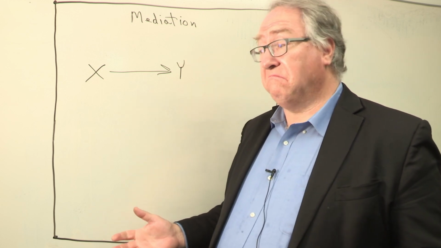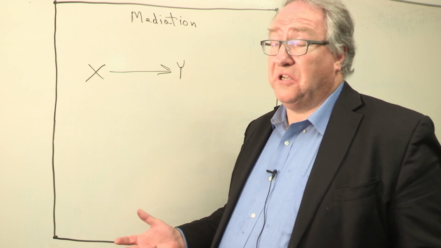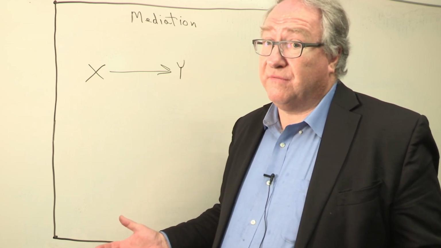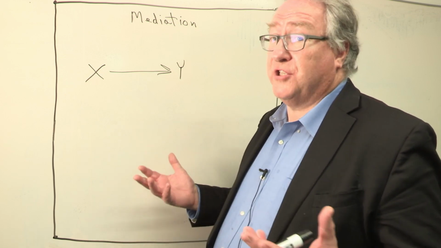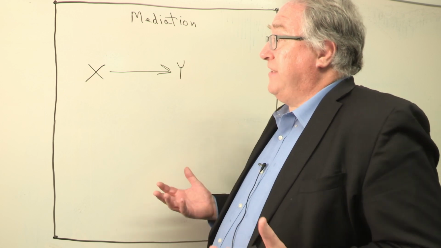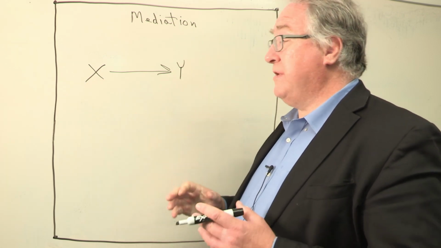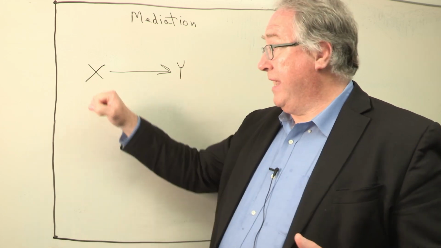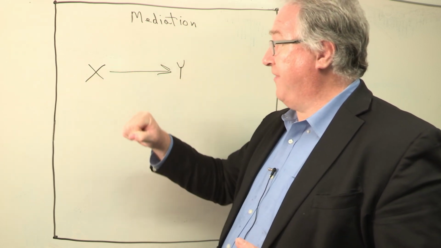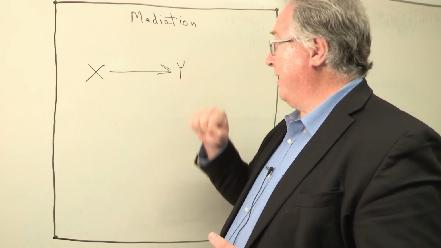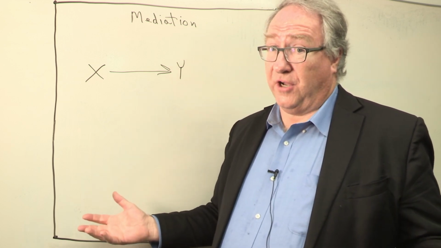Is it just, I say just because it's not as complex as it would otherwise be, a direct effect of X on Y? Nothing comes between X and Y in this effect. It's just a direct effect of X on Y. Well, that could be the case, but not necessarily so.